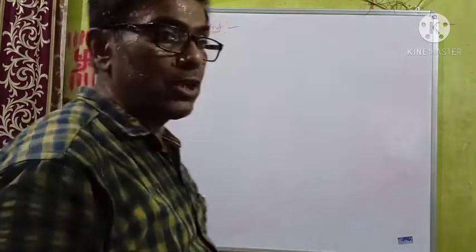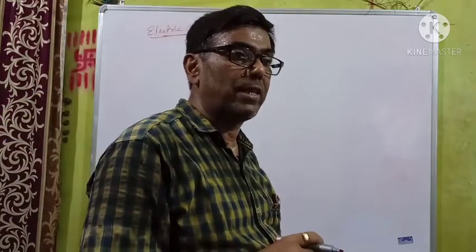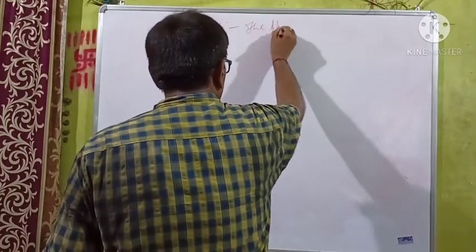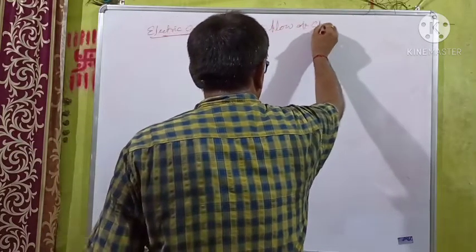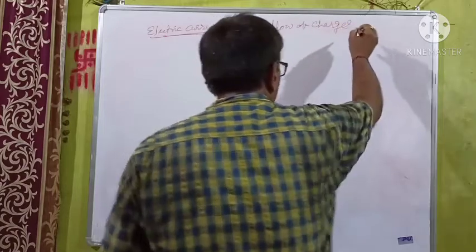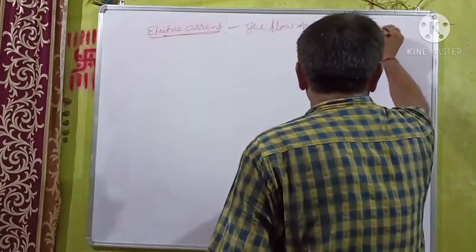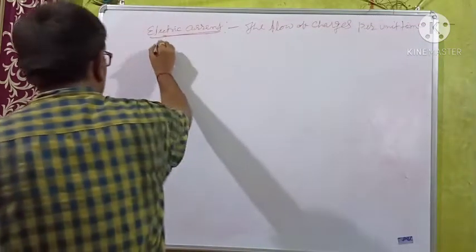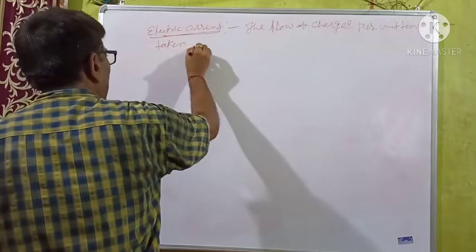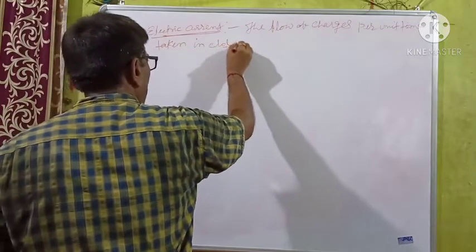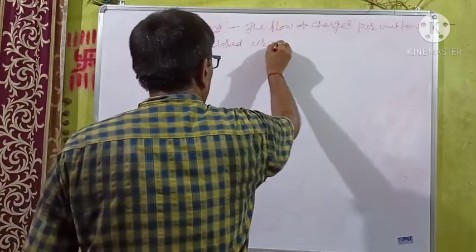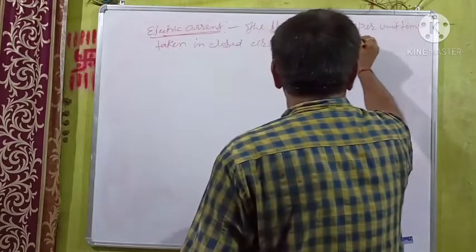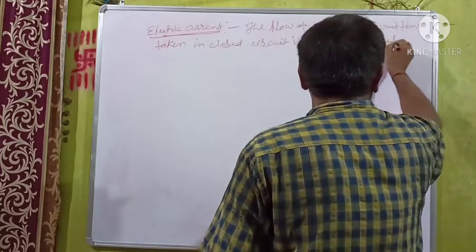The flow of charges per unit time in a closed circuit is known as electric current.